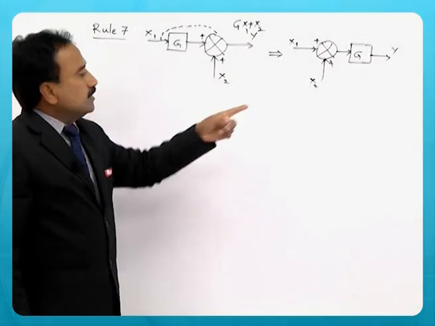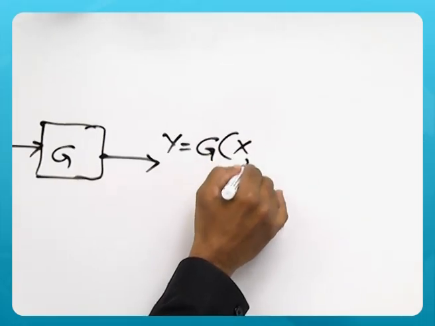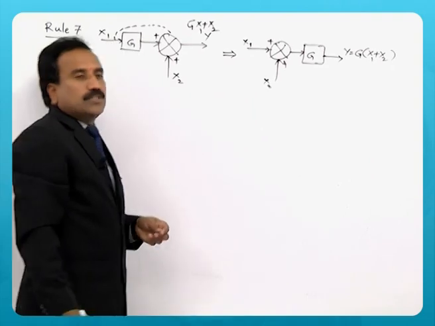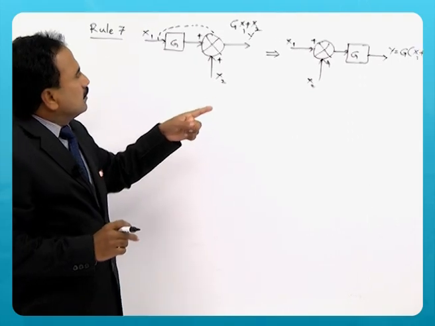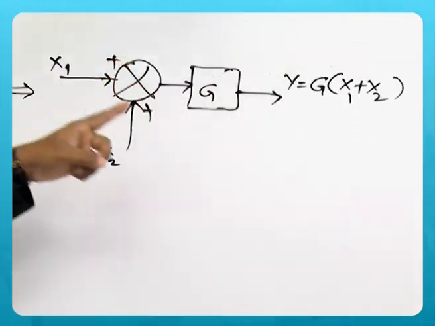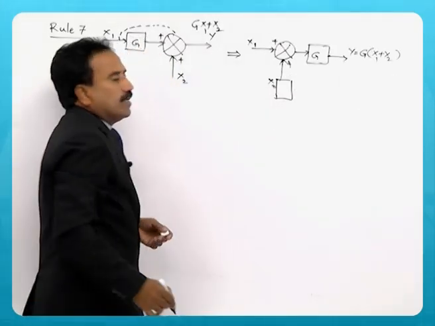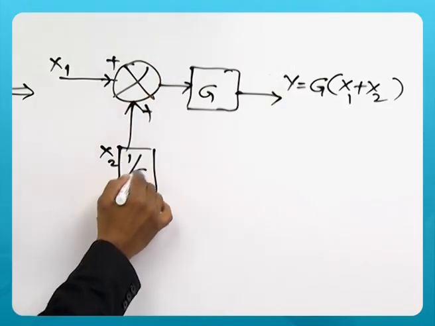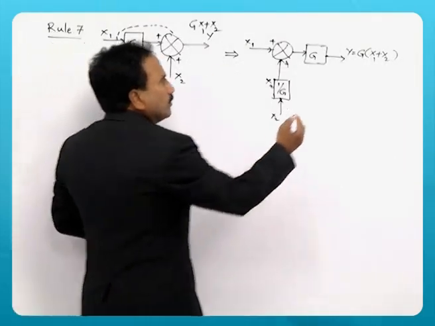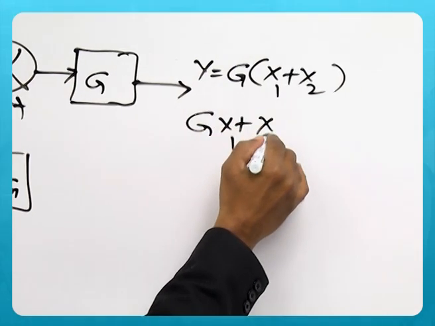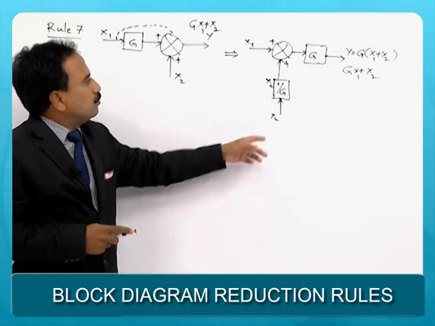I must get the same output here also. So, y is equal to G times x1 plus x2. So, G is multiplied by both x1 and x2, but the output should remain the same as Gx1 plus x2 here also. So, I must add another block here, a block of 1 by G. So, the output will now be Gx1 plus x2, because you are dividing with the 1 by G block in the x2 path itself.